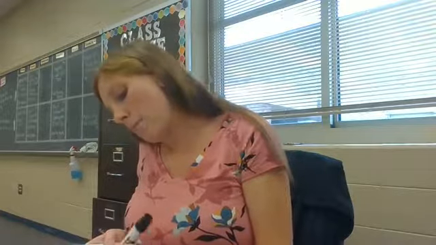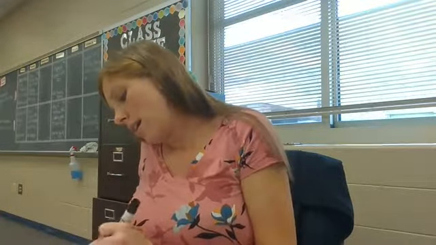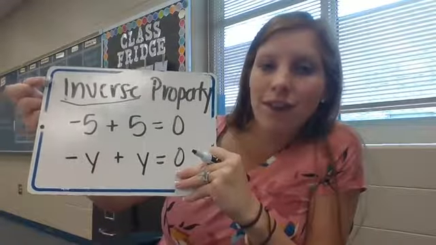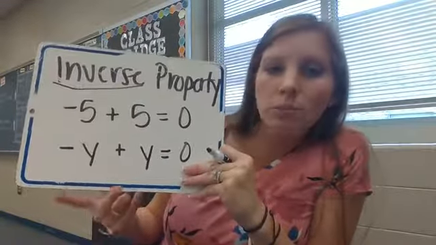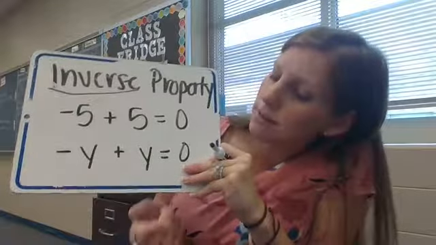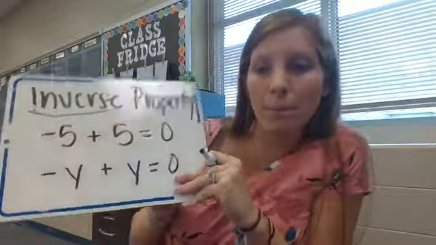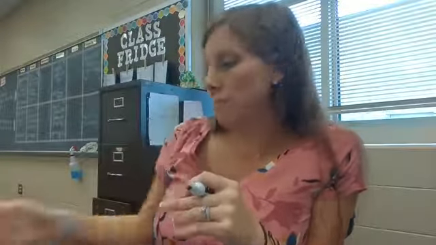With variables, we could say -y plus positive y equals 0. Negative y and positive y are inverses. They are opposites. And so the inverse property just says that when we add opposites, the answer is 0. That's how we recognize the inverse property of addition.